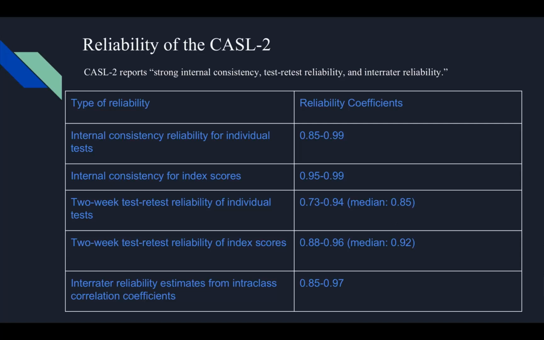Two-week test-retest reliability correlations were also high, with reliability coefficients of between 0.73 and 0.94 with a median of 0.85 for CASL-2 test scores, and 0.88 to 0.96 with a median of 0.92 for index scores. Inter-rater reliability estimates in the form of intra-class correlation coefficients ranged from 0.85 to 0.97, which indicates high inter-rater reliability.